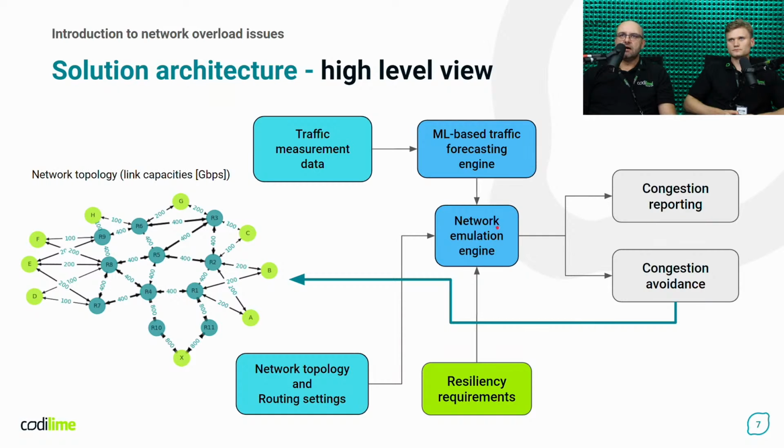The output of this network emulation engine at the flow level is which future congestion is expected on which network elements and when. Our tool also produces what has to be done in order to avoid them.